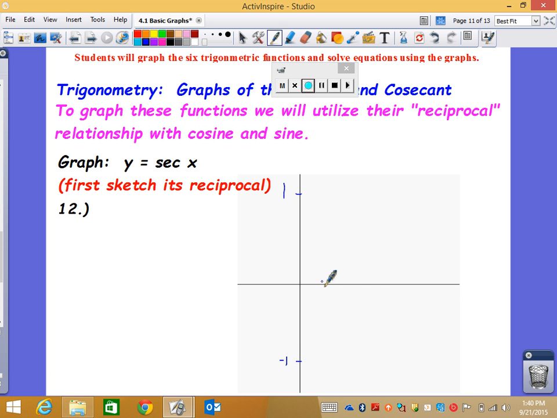We start at 1, and then we're going to have my 4 key points here: pi over 2, pi, 3 pi over 2, and then 2 pi. Right at 0, we start at 1. Pi over 2 is straight up, so we have a cosine of 0. Pi is negative 1, 3 pi over 2 is back to 0, and then 2 pi is back where we started at 1. I'm going to make this with a dotted line.